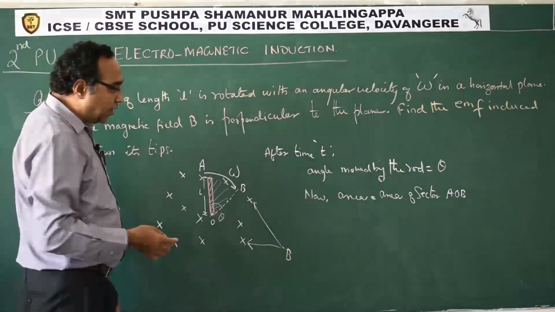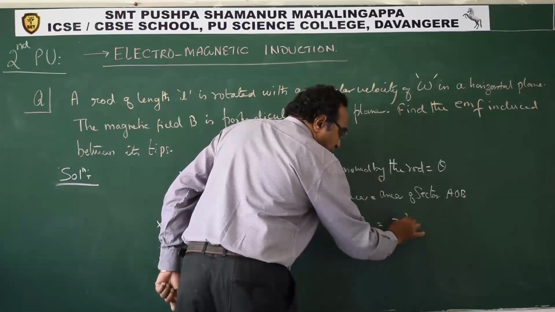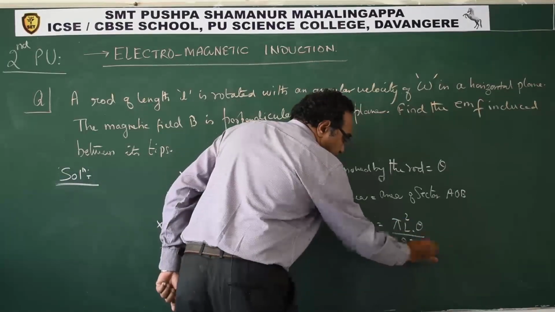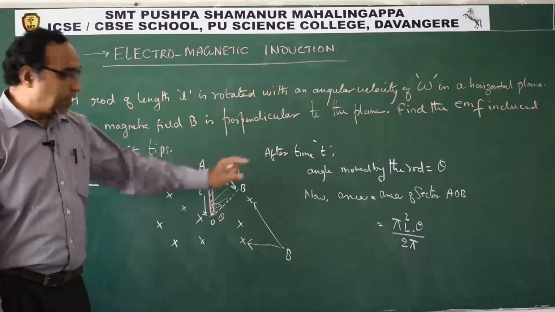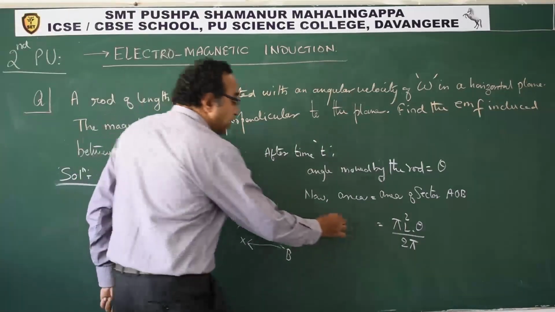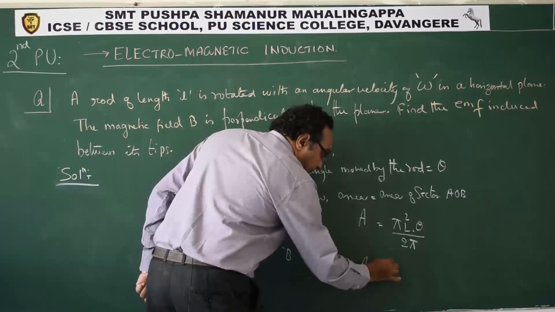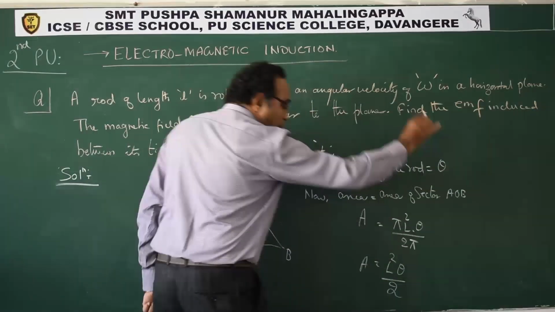And what will be the area of the sector? It is pi r square theta by 360, or theta by 2 pi in radians. So A we get as L square theta by 2.